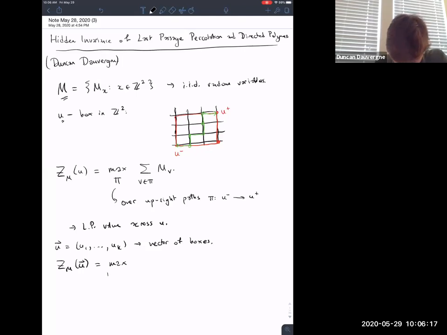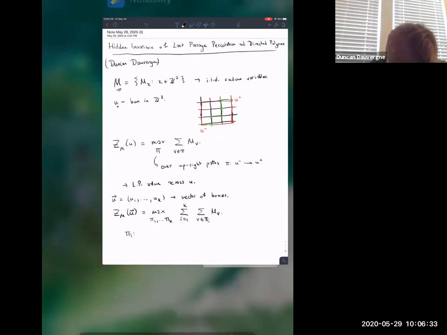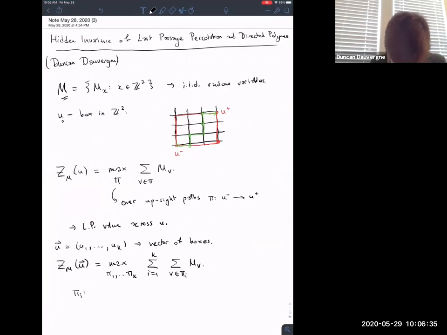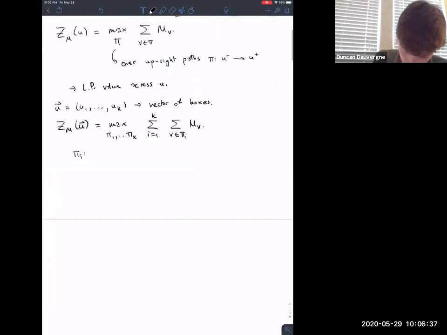So it's the maximum over paths pi 1 up to pi k of the sum i equals 1 to k, sum over v in pi i, mv. And again, the paths pi i go from ui minus to ui plus.